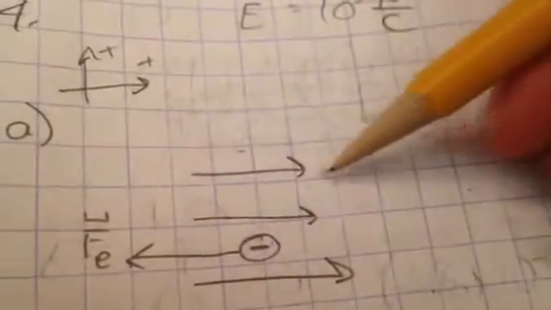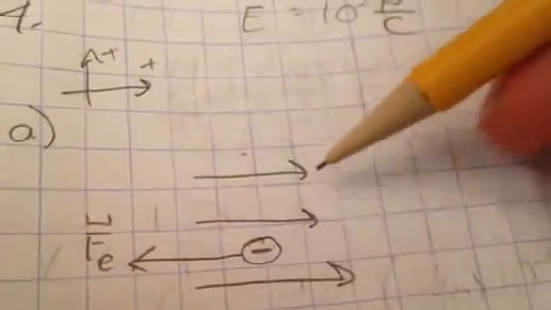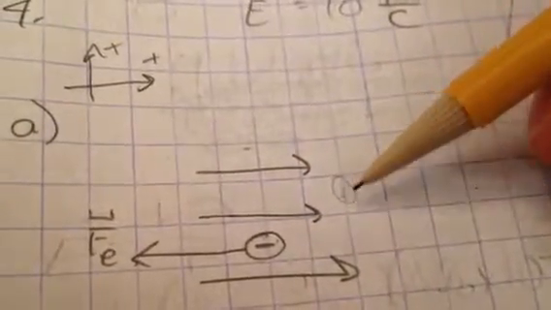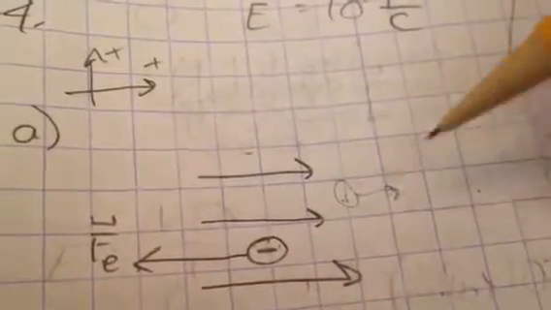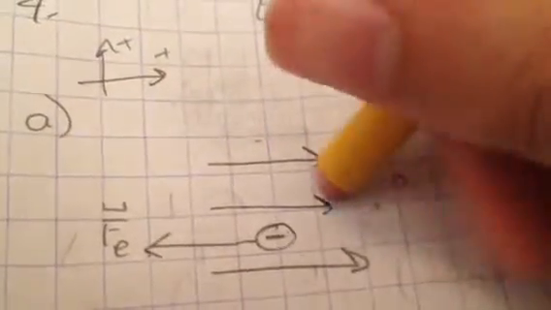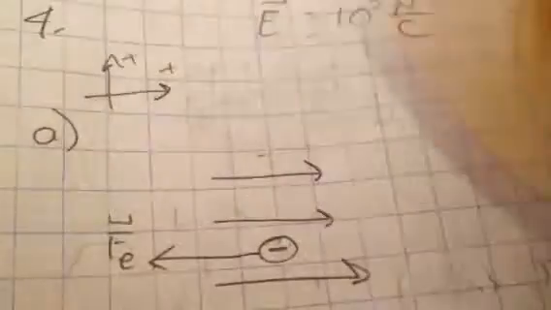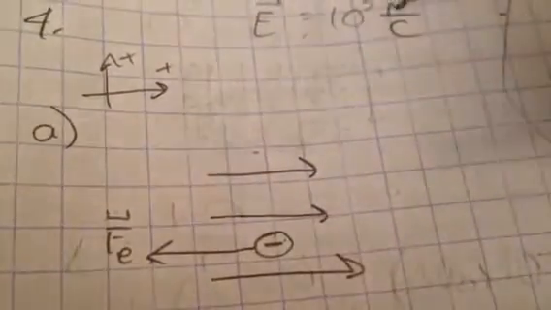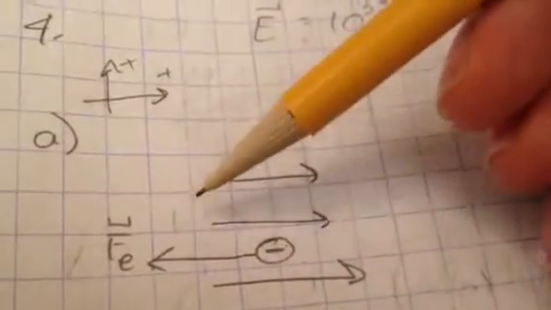So the electric force, if there was a positive test charge here, would be going this way, in the direction of the electric field. However, since this is an electron, the electric field actually exerts a force in the negative direction.